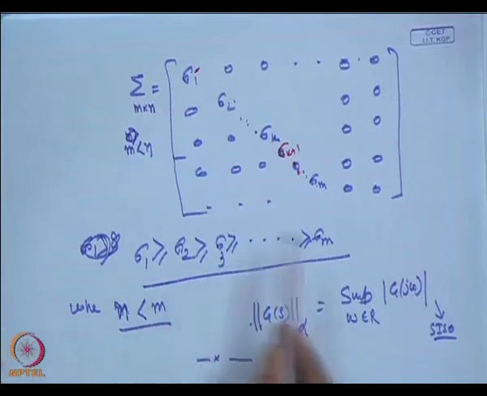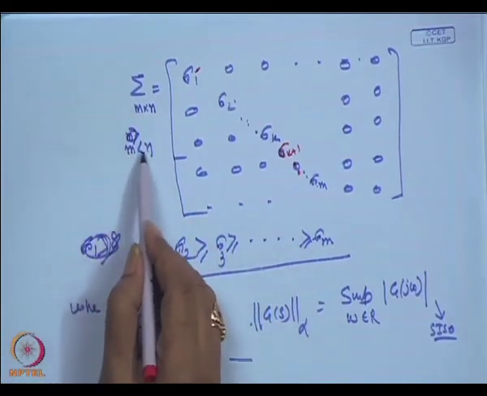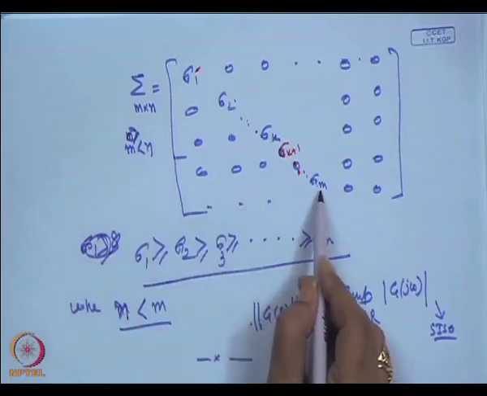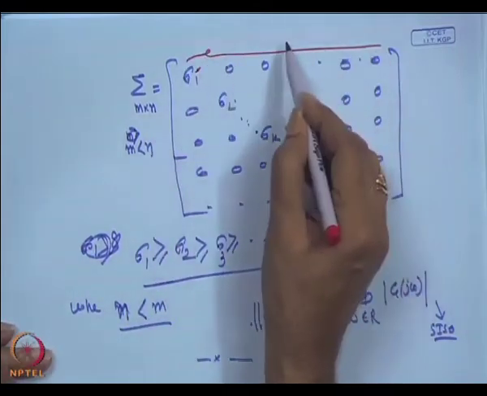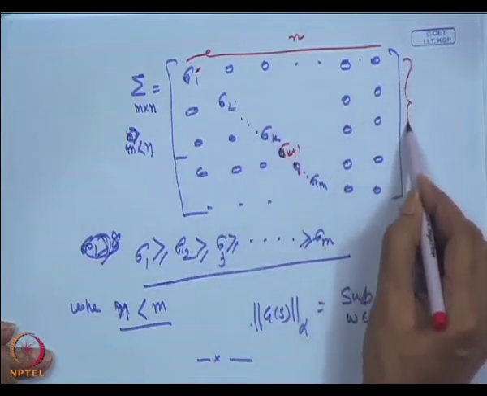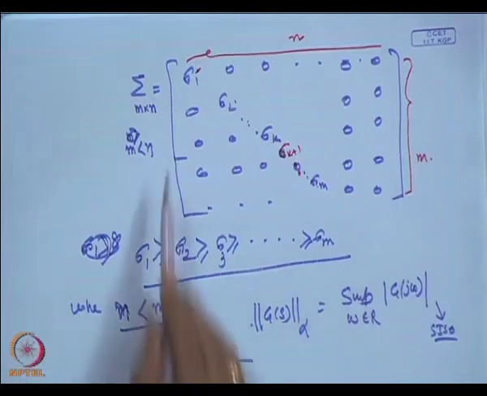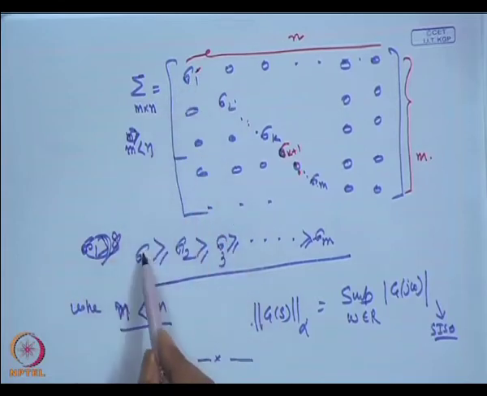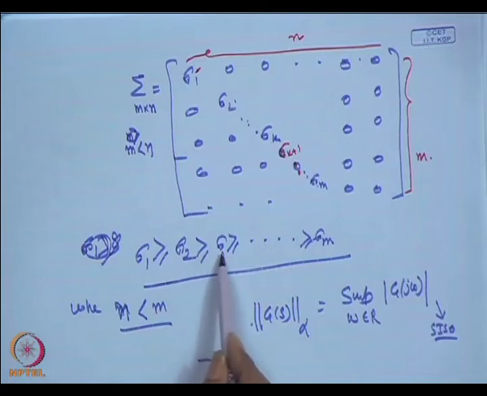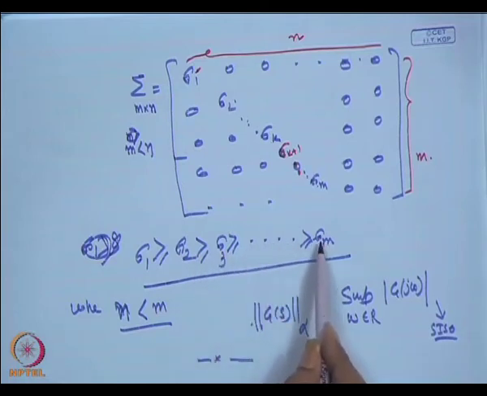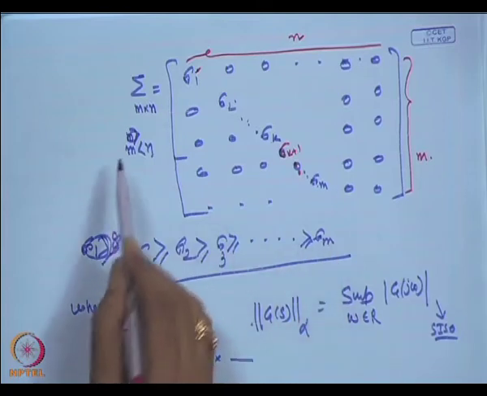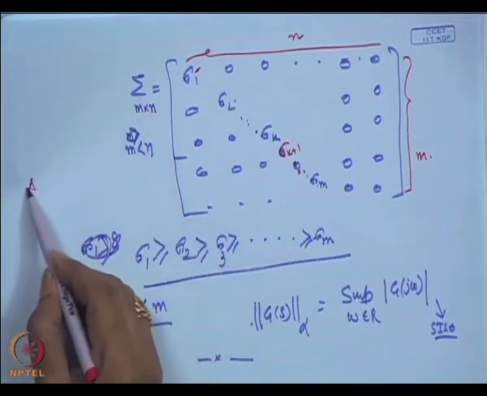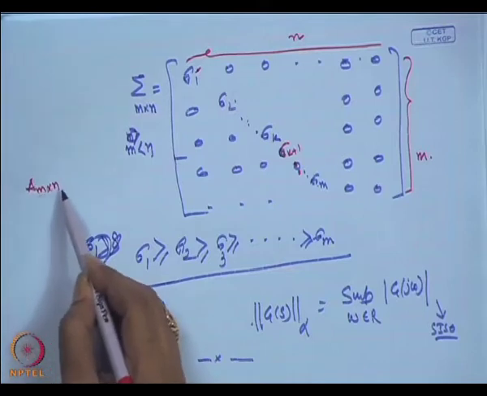If I consider a rectangular matrix whose dimension m is less than n, that is, the number of rows is less than the number of columns, then this is your n columns and this is your m rows, and it is arranged in such a way that sigma 1, which is a positive quantity, is greater than or equal to sigma 2, and sigma 2 is greater than or equal to sigma 3, up to sigma m, because m is the number of rows of the matrix, the dimension being m into n with m less than n.